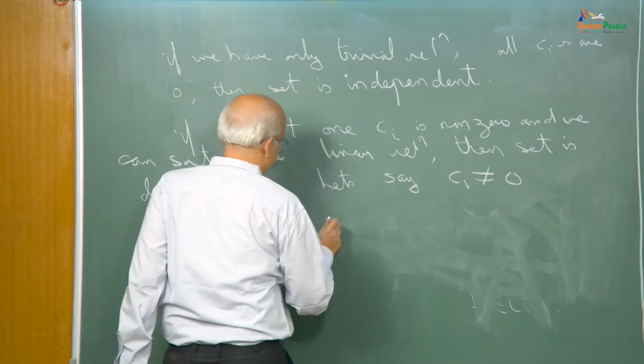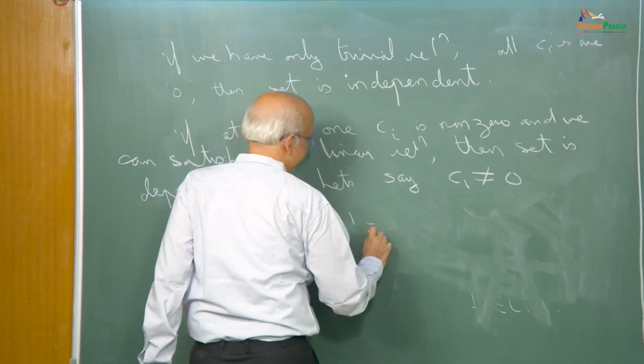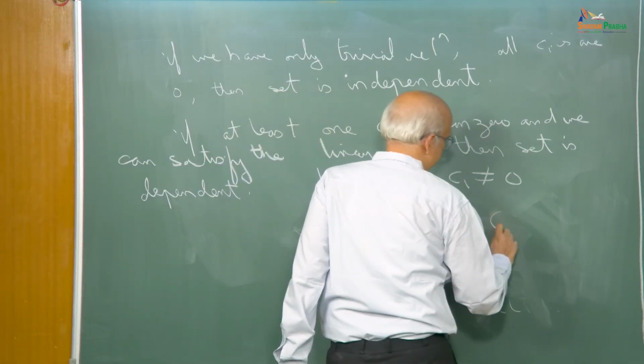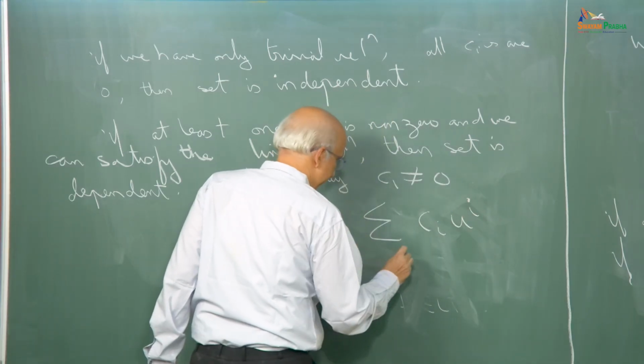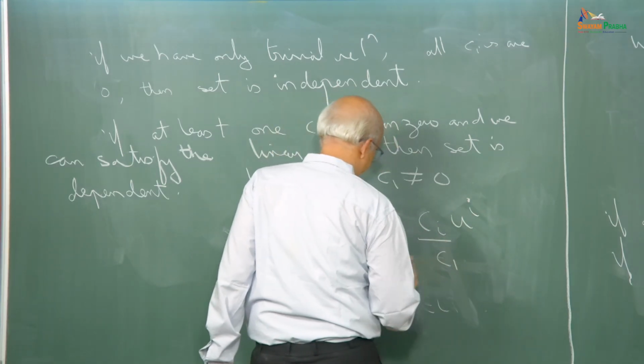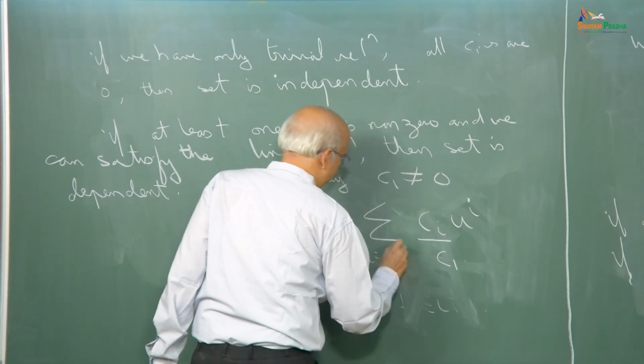Then I can write U1 as minus sigma Ci ui, divided by C1, i going from 2 to R.